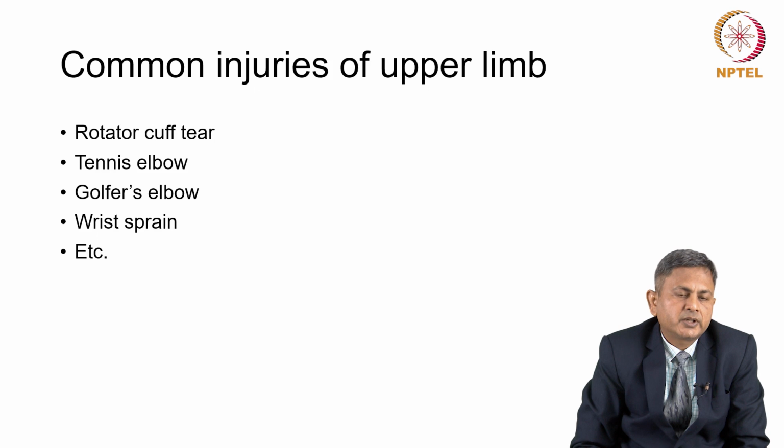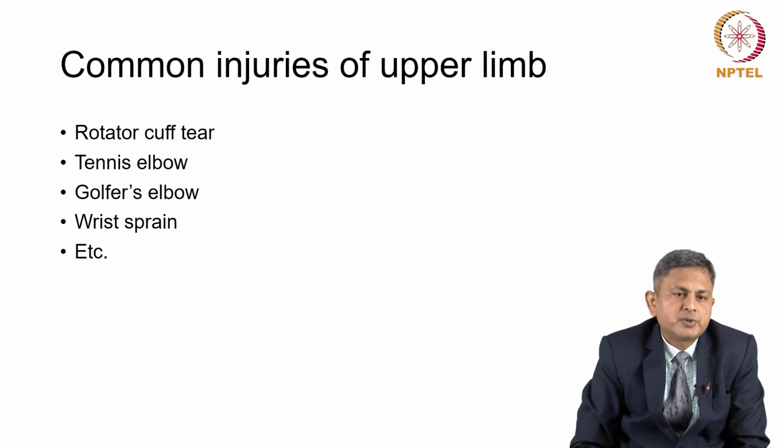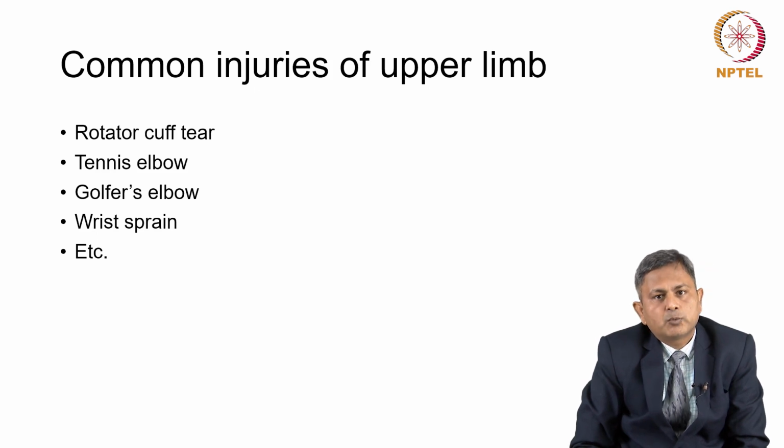And rotator cuff, as I told you in our previous lecture, is made up of 4 muscles, and its main function is to retract the head of the humerus and prevent the major muscles' tendon from impingement.